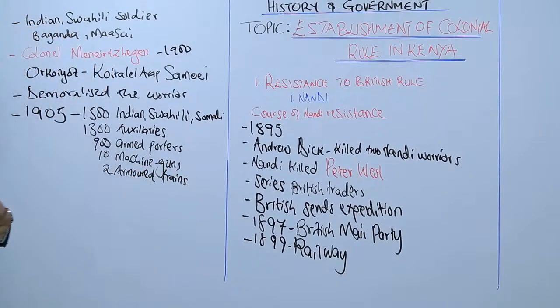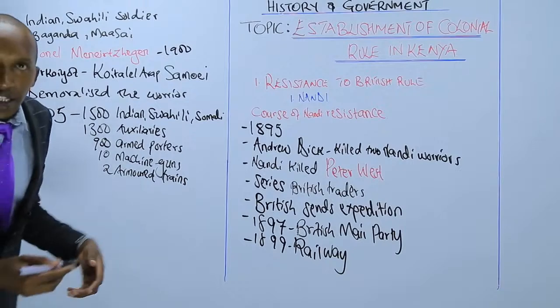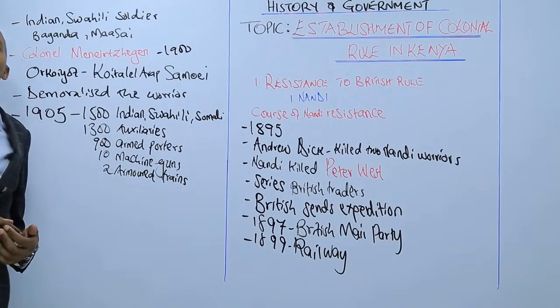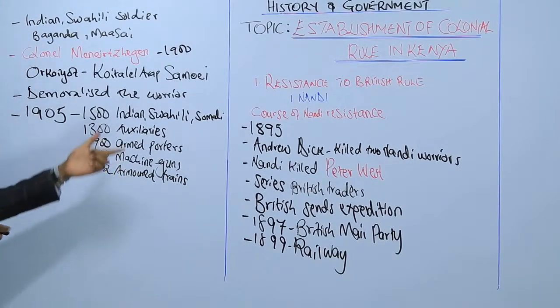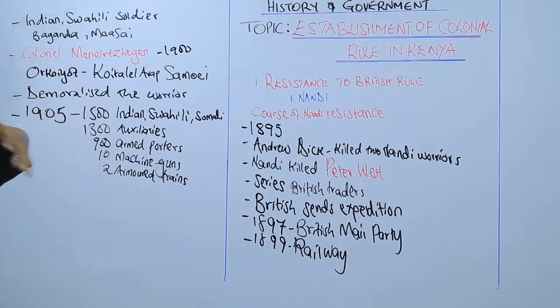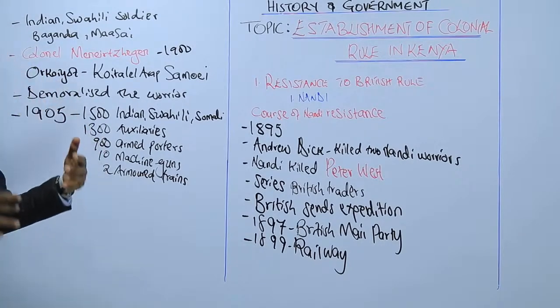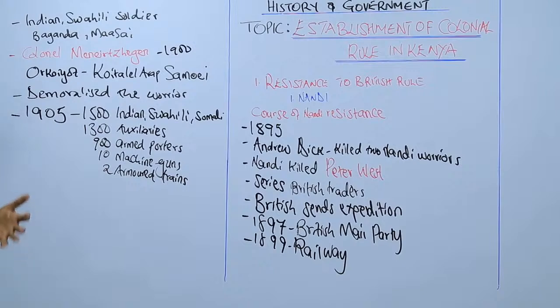So this was the biggest expedition that the British had amassed against any community, because now the Nandi had become too much. So the British decided to get the largest army, the largest expedition that they could get.